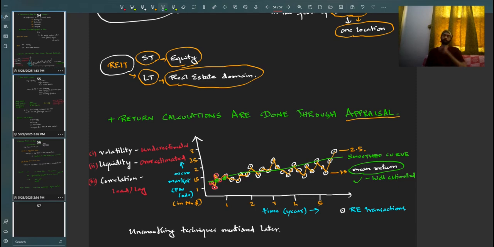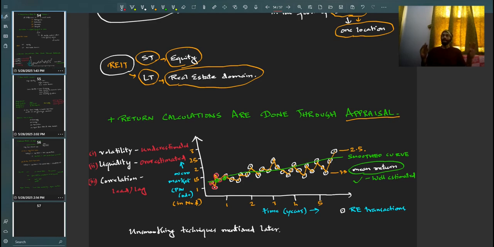But there are some other problems that happen. If you look at the left side of the chart, I have pointed out those problems. Firstly, the volatility is underestimated. The hugely zigzag line has now been reduced to a very smooth curve. So there is a problem here. We are misrepresenting the amount of volatility. Secondly, this smooth curve tends to give an impression that the transactions are very frequent and it's a very liquid market, while it is not the case.